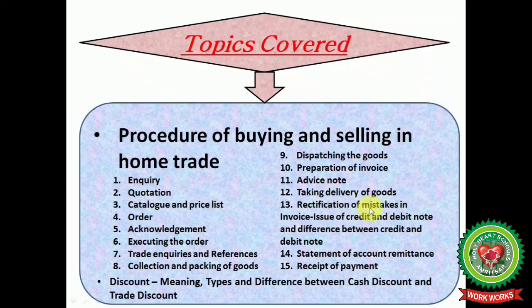In this we discussed the credit and debit note, then the statement of account, remittance and receipt of payment. After that we discussed the discount, its meaning and types, and the difference between a cash discount and a trade discount. So these are the things that we have covered in this chapter.